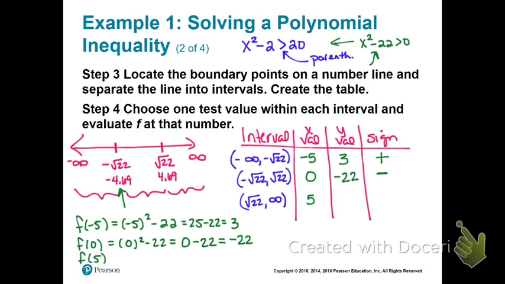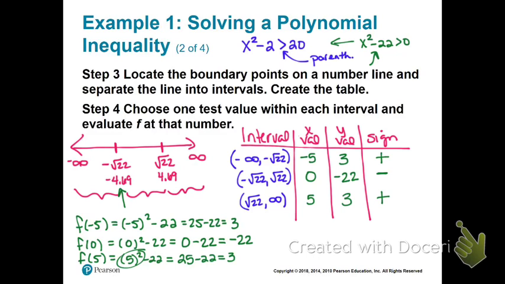Now remember, we're plugging it into our equation after we got it with a 0. We had to get 0 on one side. So we got 5 squared minus 22. What's 5 squared? Minus 22, which is 3. So the last one is a 3, and that is positive. All right. So we're okay with that?